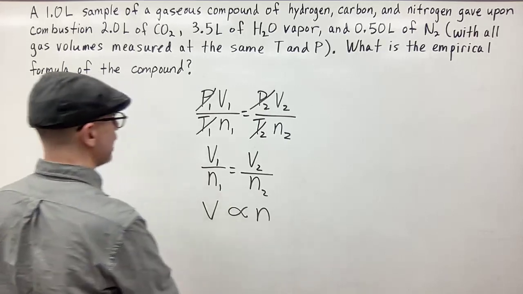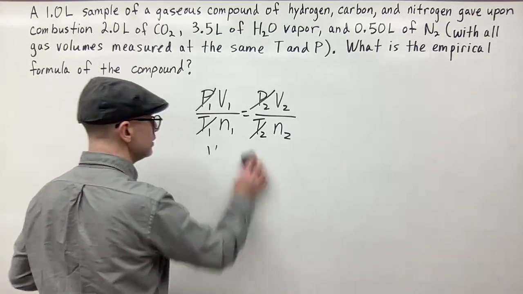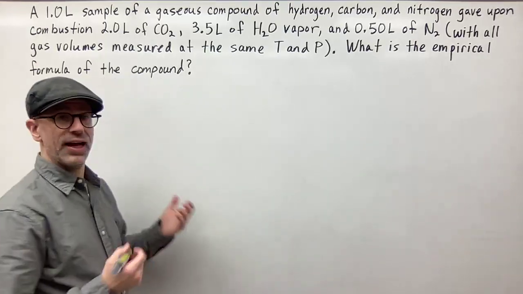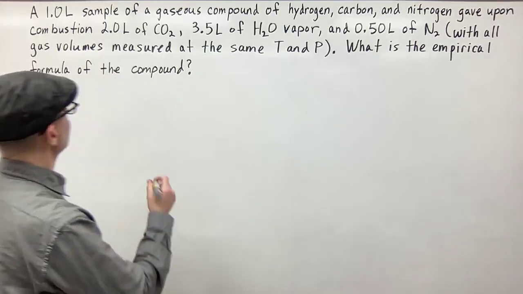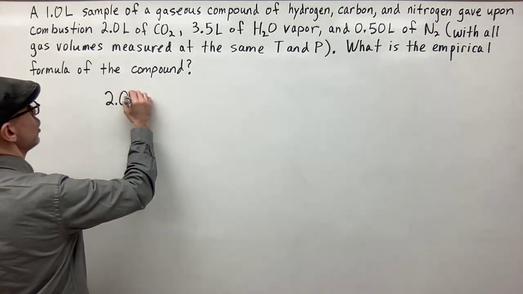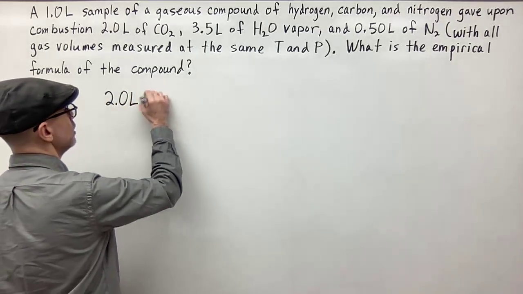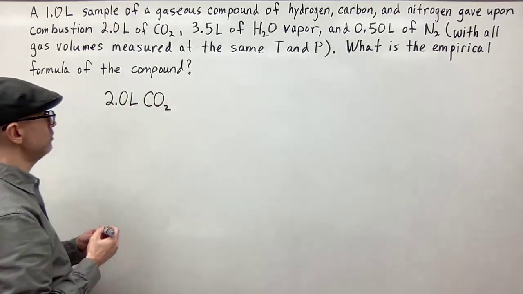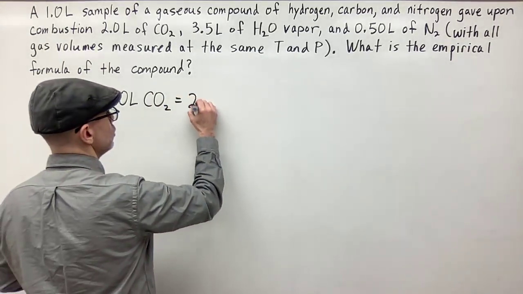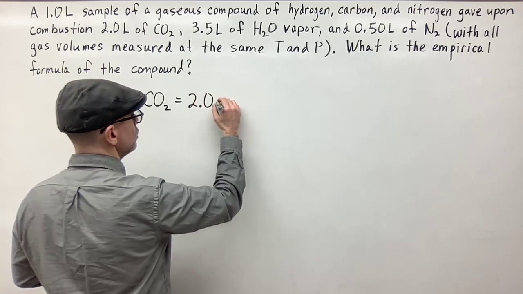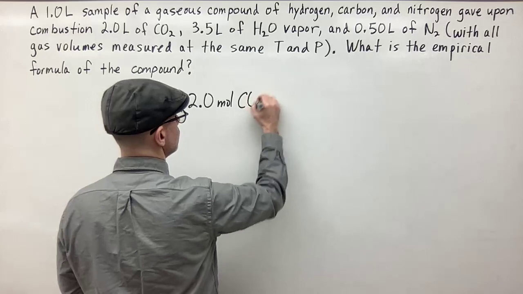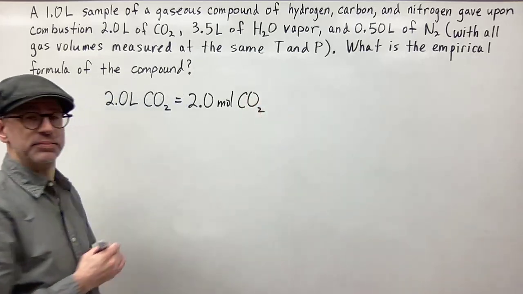So let's go ahead and do that. Let us treat the volumes as if they're moles. So we have 2.0 liters of carbon dioxide. We can say, well, let's treat that as 2.0 moles of carbon dioxide.